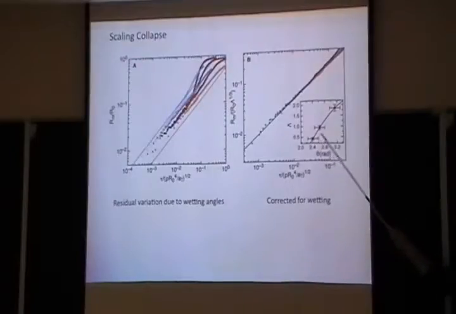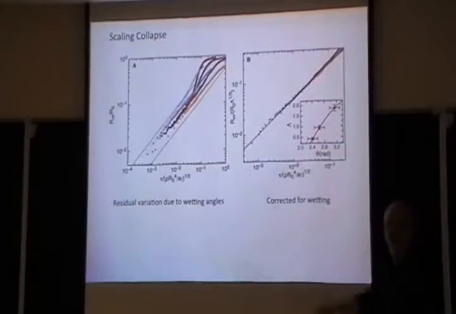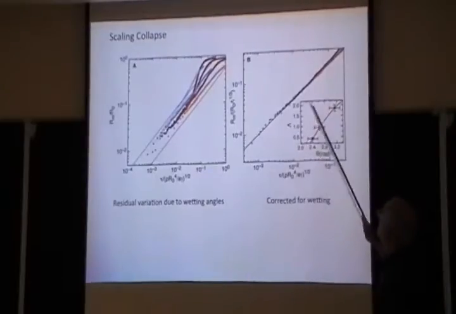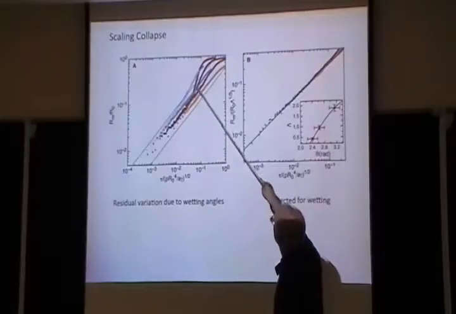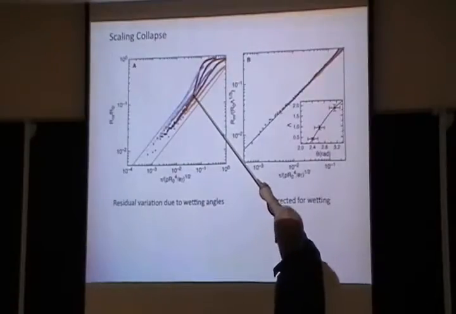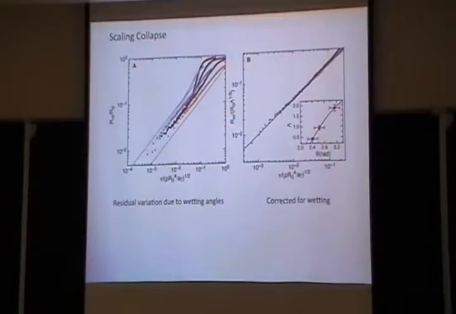If you look at that for different material combinations, there's a slight variation that can be estimated, and the data fits pretty nicely on top of it. Here I'm using three representative curves, like this one, that one, and that. So it's a pretty nice collapse. It works very, very well.